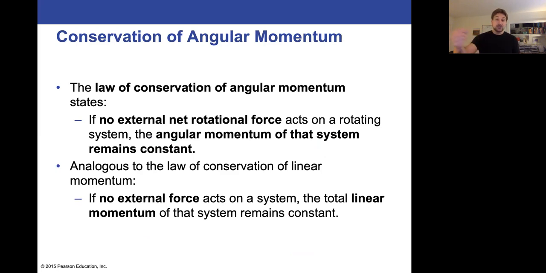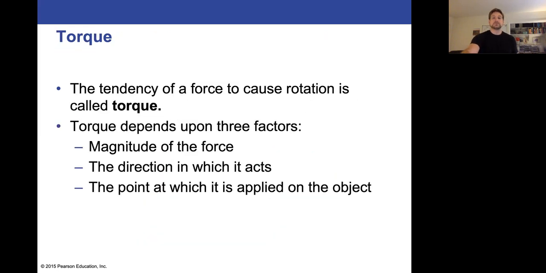Net rotational force, let's call it torque, not twerk. That's a different thing. Torque. How much torque we create depends on three factors: how much force we use, the direction in which the force acts, and the point at which it is applied.